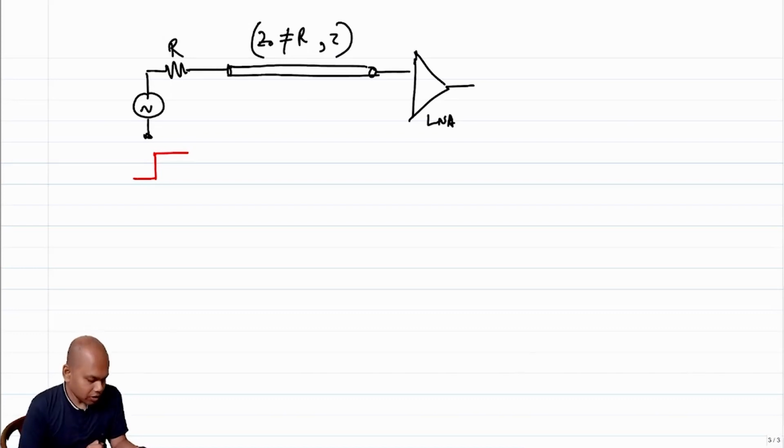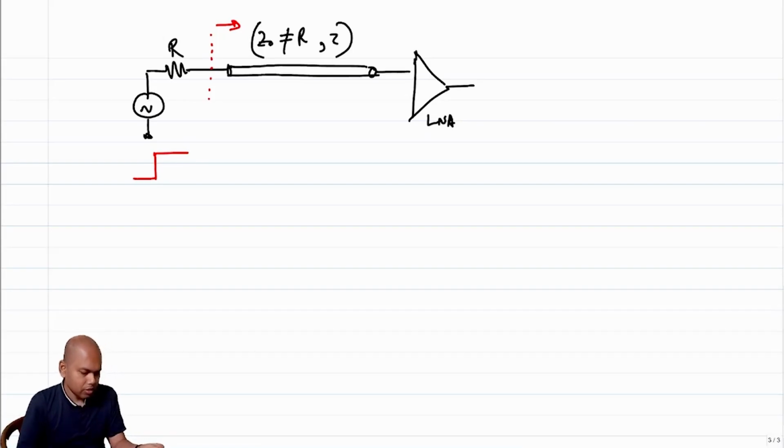Okay, so what's going to happen? Intuitively, first let's try to figure out what's going to happen, then we will try to do some math with respect to another example. The first thing that is going to happen is at this interface you are going to see some reflection, but that reflection is probably not much of an issue because we have assumed that the R is a lumped element which does not have any delay associated with it, but there will be some wavefront that is going to go forward.